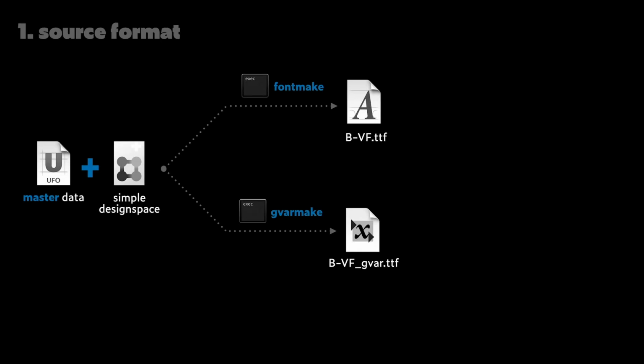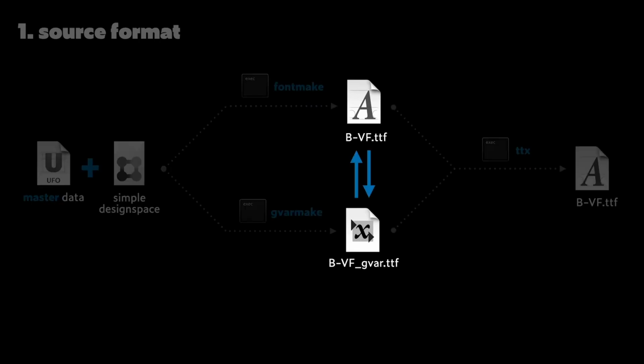And once we have the gvar table and this kind of simple variable font, we can just merge them with ttx. And once you look at this workflow, you realize you can only merge this gvar table with a simple variable font with TrueType outlines if your gvar table is also based on the same TrueType outline data.